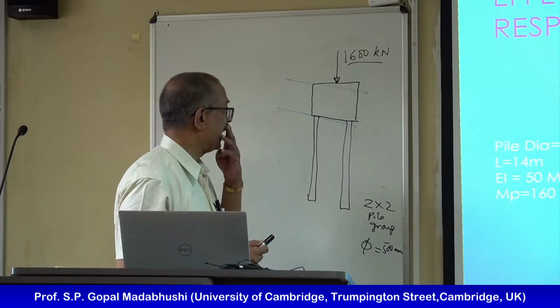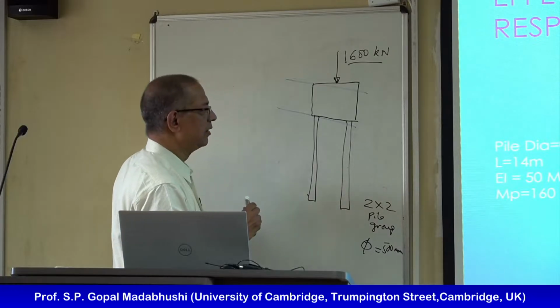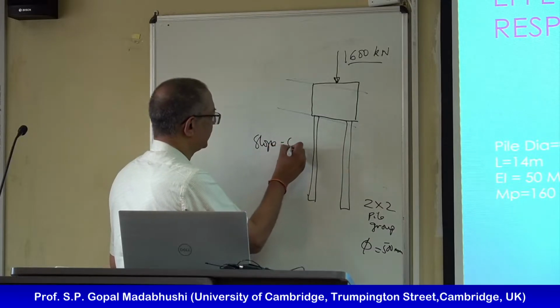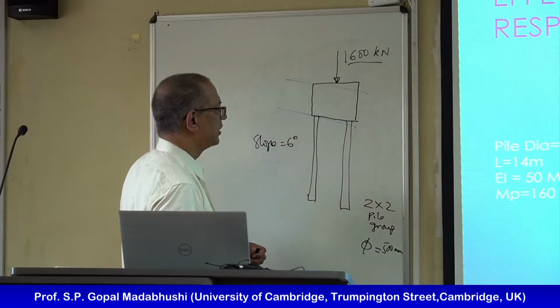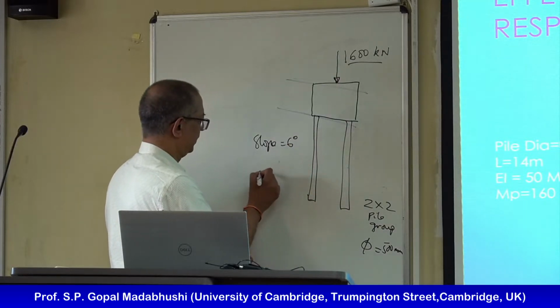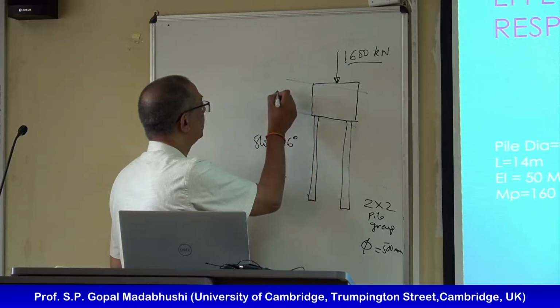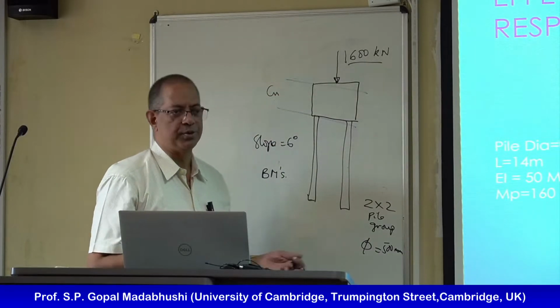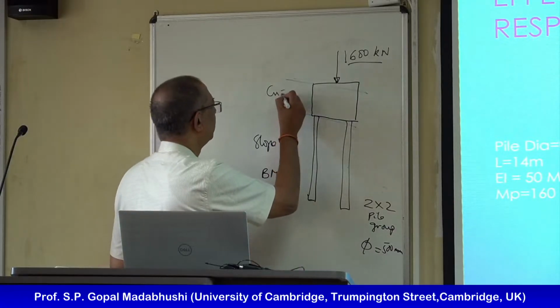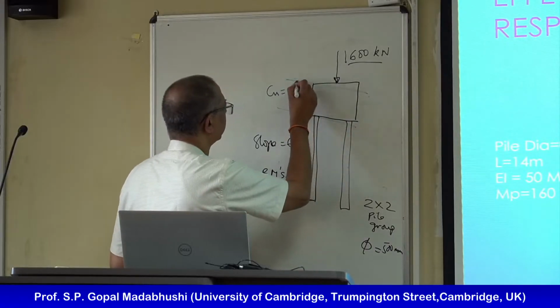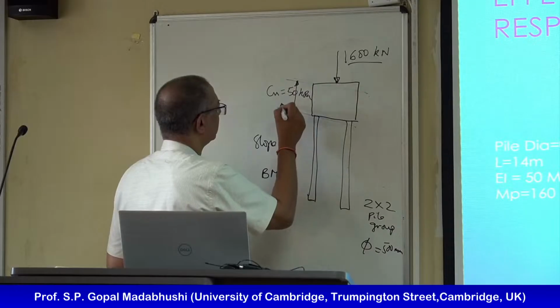Okay, and the slope, let's keep it the same, 6 degrees. And so work out the bending moments. Do you use CU or SU for undrained strength? CU is okay? Okay. CU of 50 kPa, and that thickness is 2 meters.